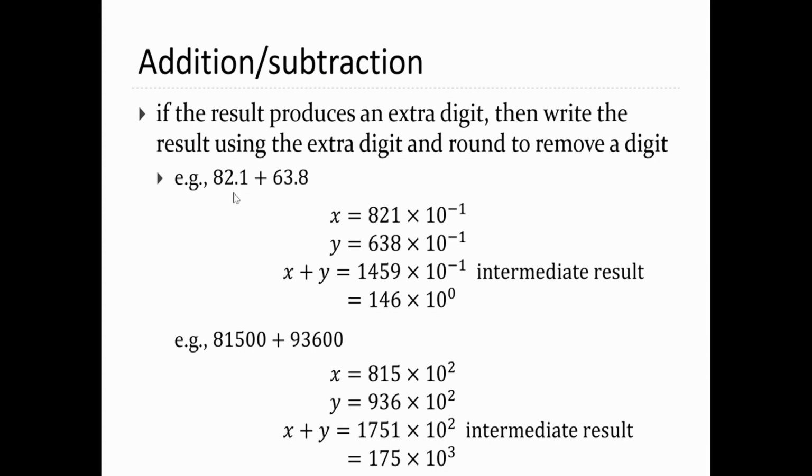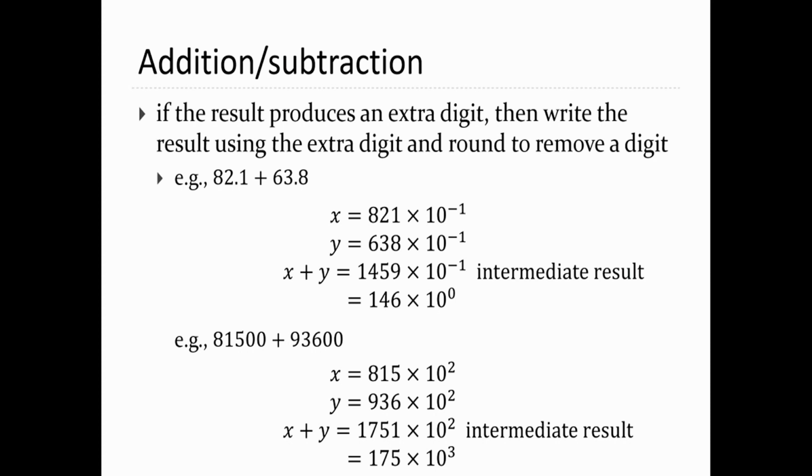So here's 82.1 and 63.8. Just write them down in our floating point representation. Now when I take their sum, the significand has 4 digits, but our representation only has 3. So I have to do 2 things here. I need to write 1459 times 10 to the minus 1 using only 3 digits in the significand.